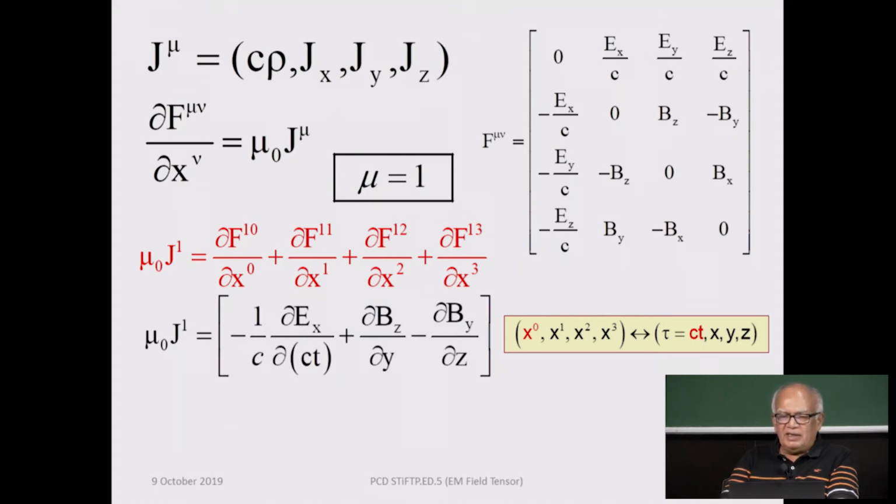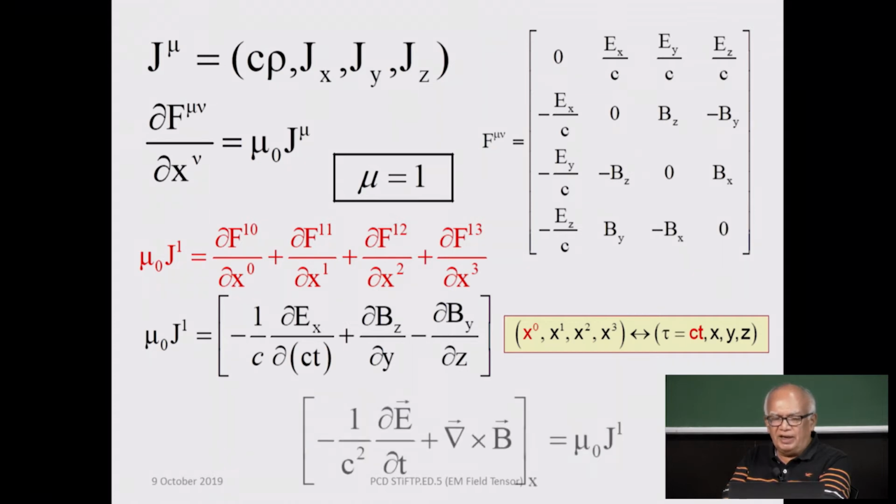So, you get the derivatives of E x, B z and minus B y with respect to the coordinates. The second one goes to 0. And if you look at this relation, what is J 1? J 1 is nothing but J x.